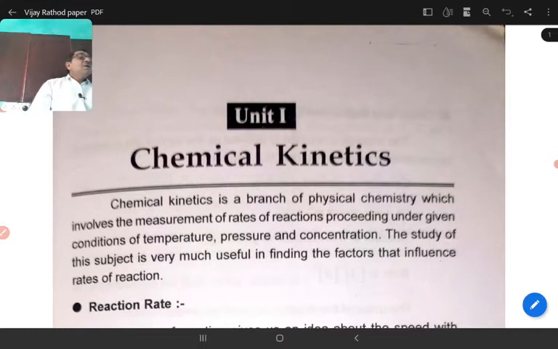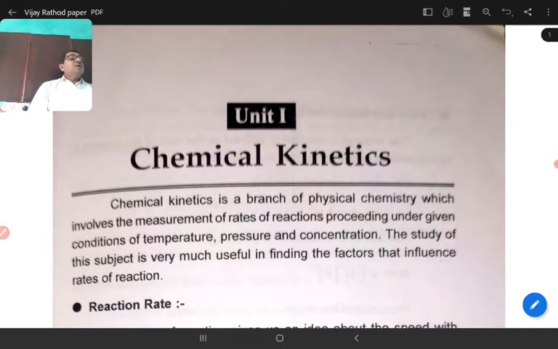So first of all, in the syllabus, chemical kinetics has the introduction, rate of reaction, definition and units of rate constant, factors affecting rate of reaction, order and molecularity of reaction, and zero order reaction. In the zero order reaction, we are dealing with rate expression and characteristics. First order reaction, again its rate expression and characteristics.